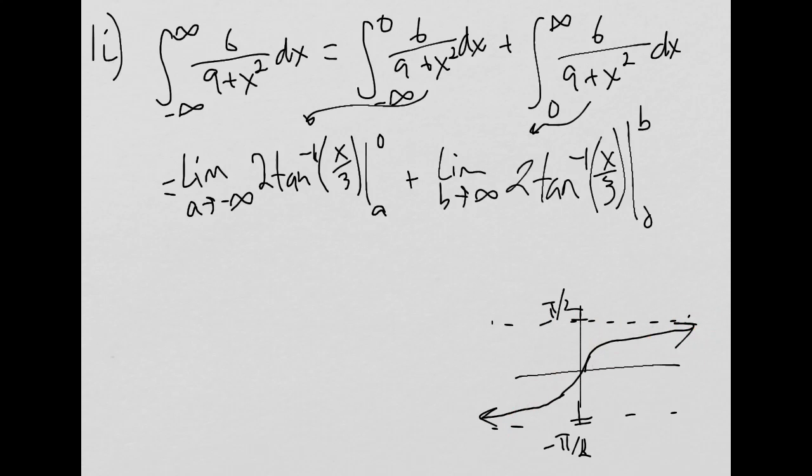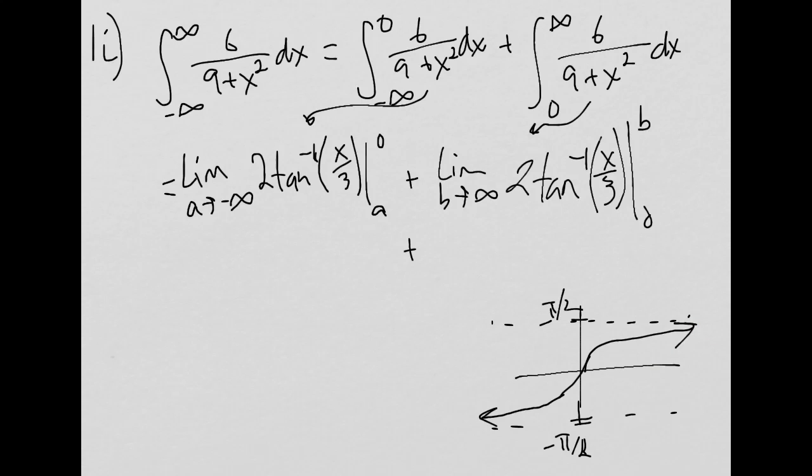And if this is tan inverse, then as I evaluate this, as I try to plug in infinity for this, so as I plug in bigger and bigger numbers for x, this thing here is going to go to pi over 2. So maybe I'll write that out.